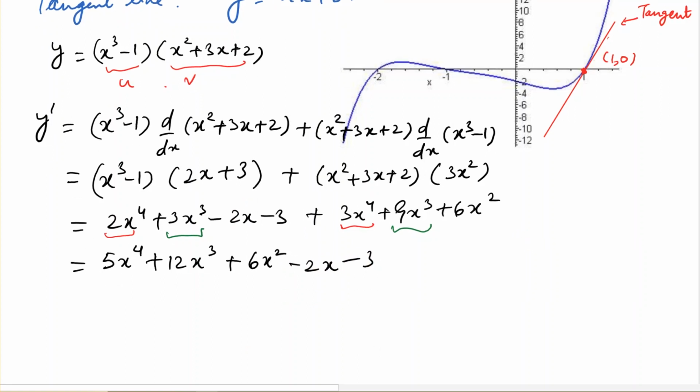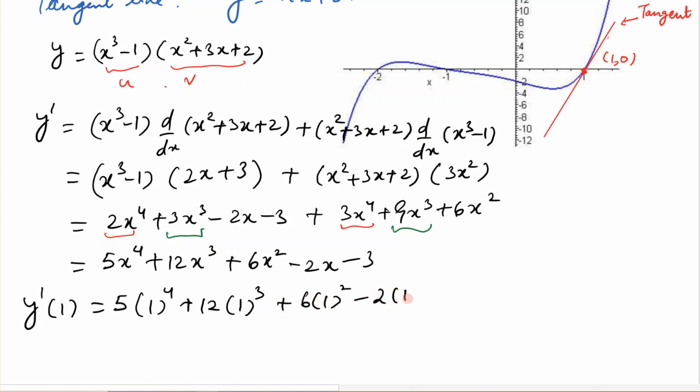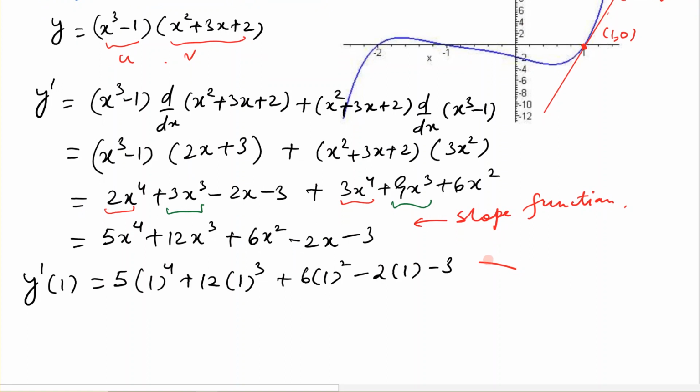But we want to find the slope when x equals 1, so we put x equals 1 here. We get 5 times 1 to the 4th, 12 times 1 cubed, 6 times 1 squared, minus 2 times 1, minus 3. Remember, this is our slope function at any point, but if we want the slope at a specific point, we plug in the value.